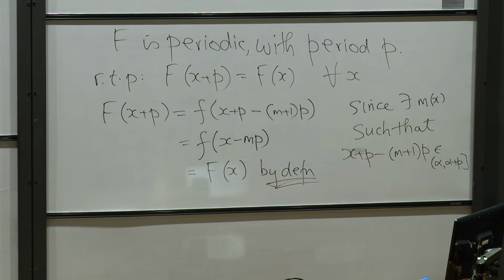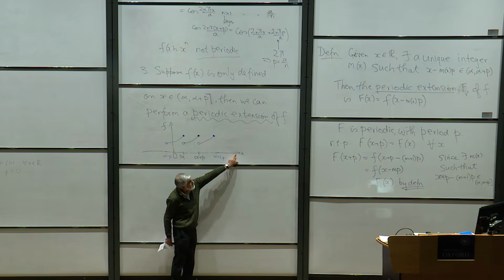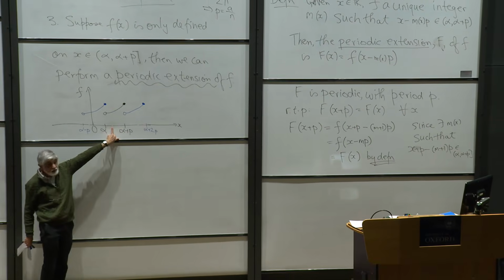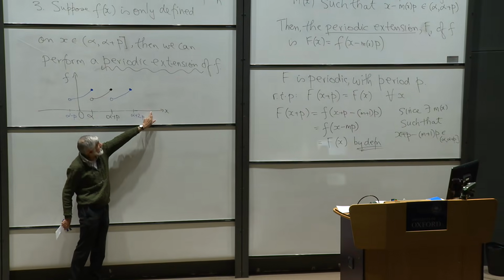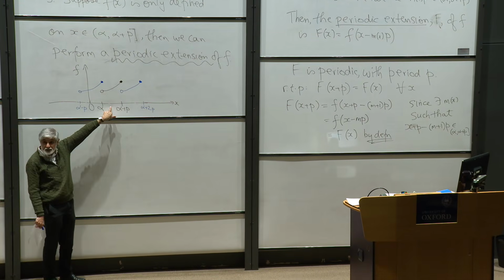Because if I need to do m plus 1 steps to go from x plus p to get into here, then if I'm at x, I will need to do m steps to get back into here.